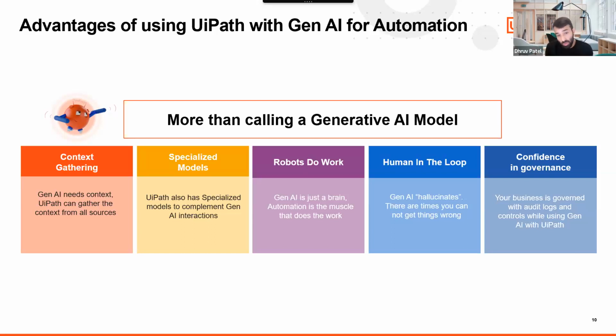So based on the input, UiPath can help gather that context, gather that input, and then with the output from generative AI, UiPath can go ahead and actually act on it, right? Do that next step and take it to the next level. There's seamless human in the loop. You probably have heard of all these cases where generative AI has hallucinations, right? And so having human in the loop is going to be key, especially as generative AI continues to change and evolve over time.